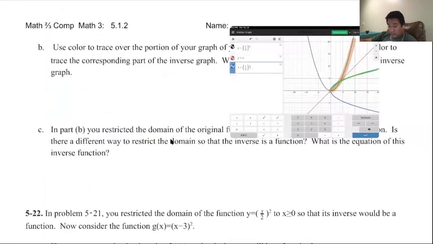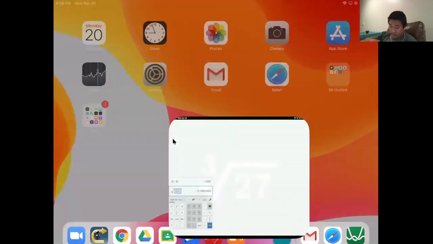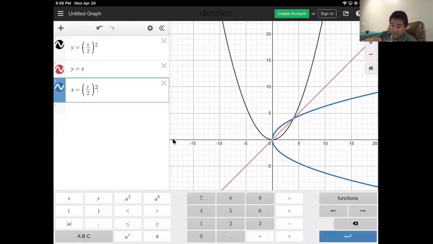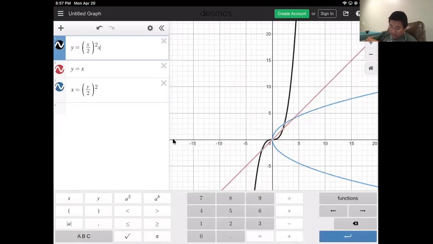Part B, restrict the domain for the function. You can do x greater than 0, and then a comma.